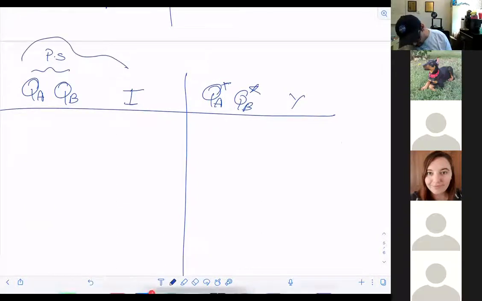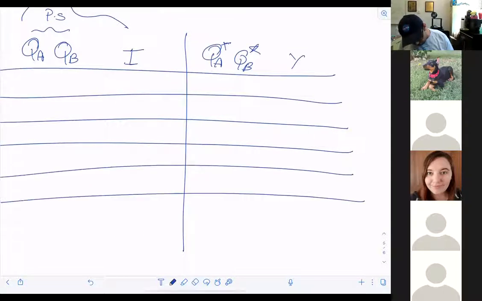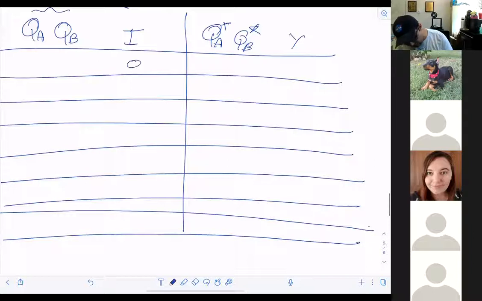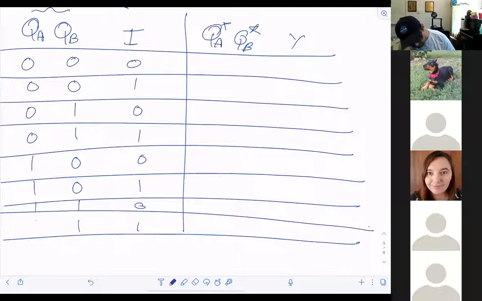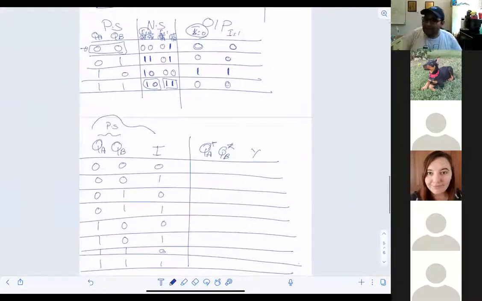So 1, 2, 3, 4, 5, 6, 7, 8. Then we're gonna fill that table.